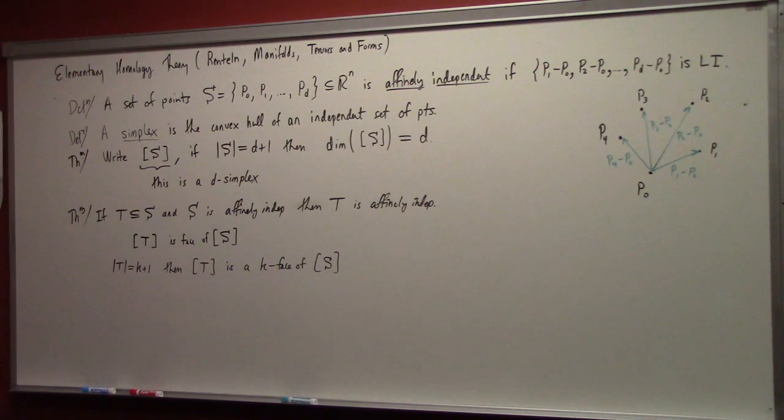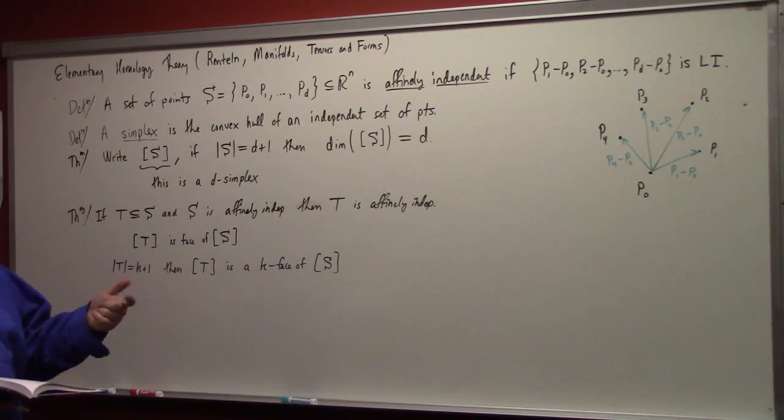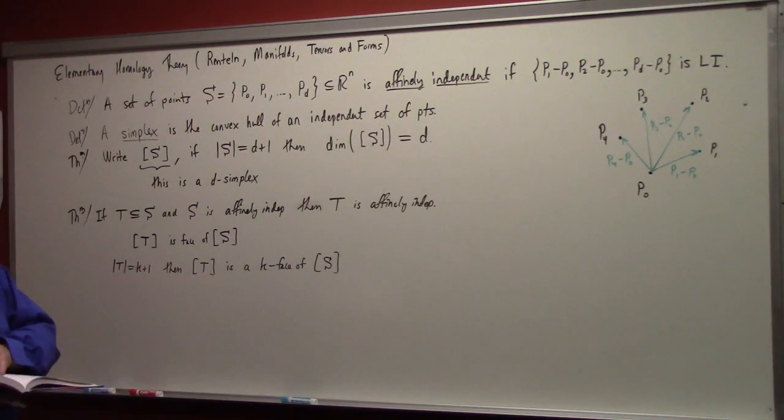In my example 4, the vertices are 0 faces, the edges are 1 faces. For my example 5, that tetrahedron, the sides I was looking at were 2 faces, the edges would be 1 faces, the vertices would be 0 faces.